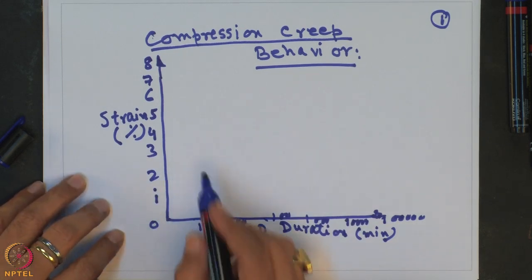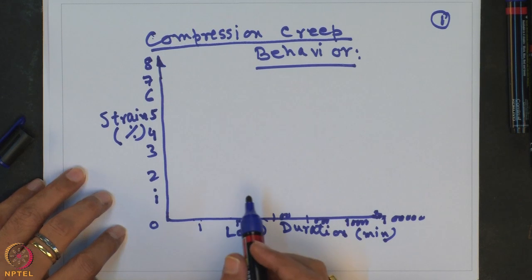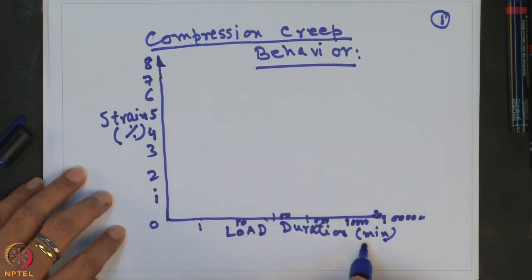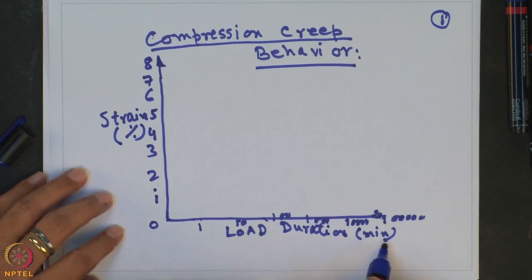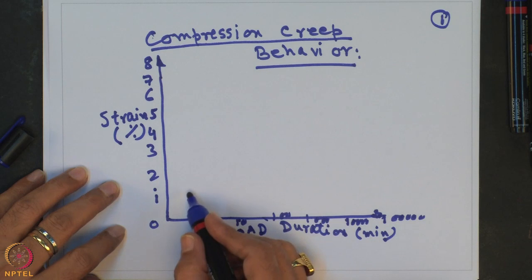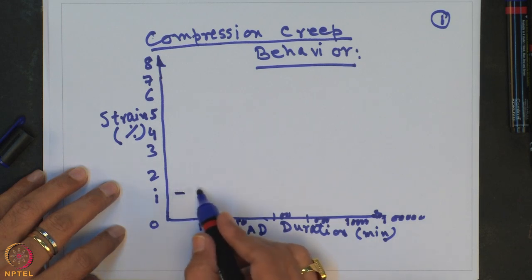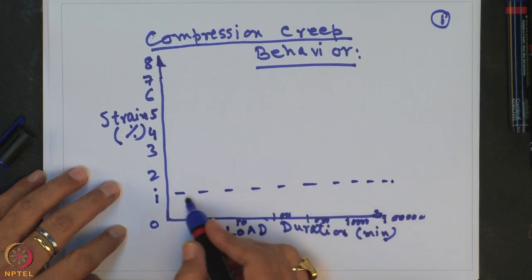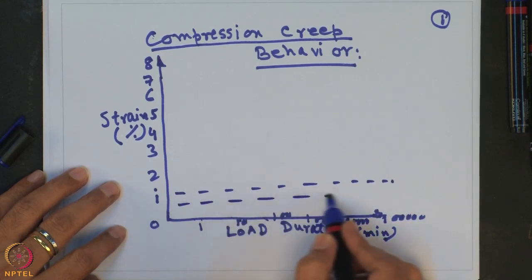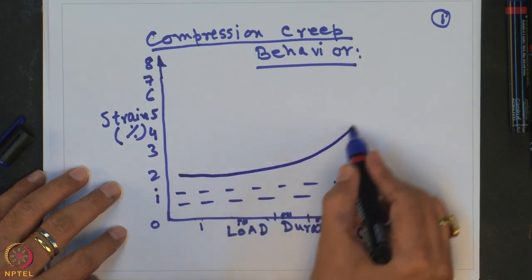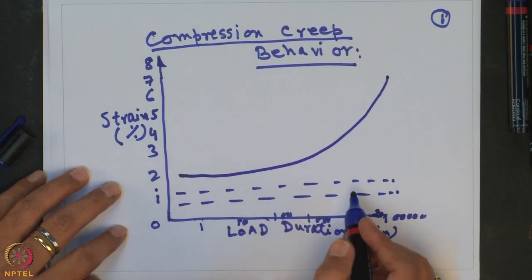So, what will be the nature or the relationship between the strain and the load duration in minutes? You can have this kind of strain versus load relationship, or you can have this kind of strain versus load relationship.